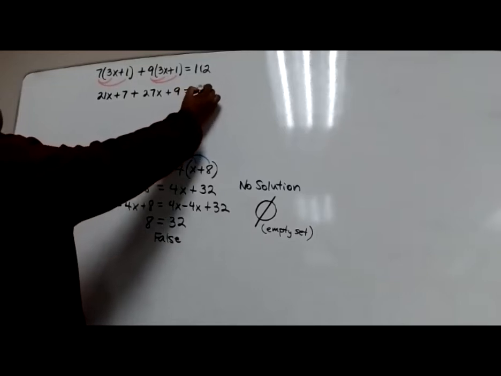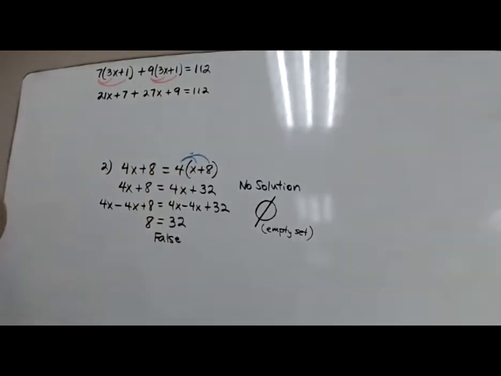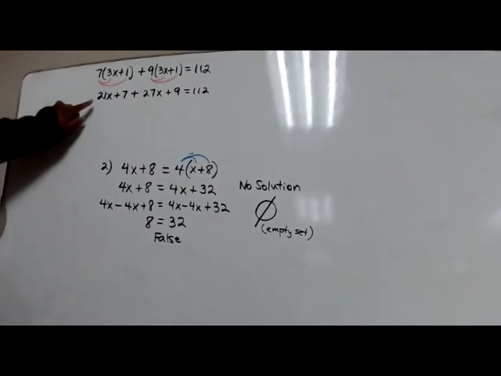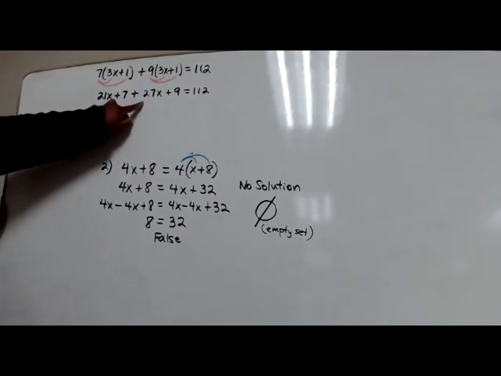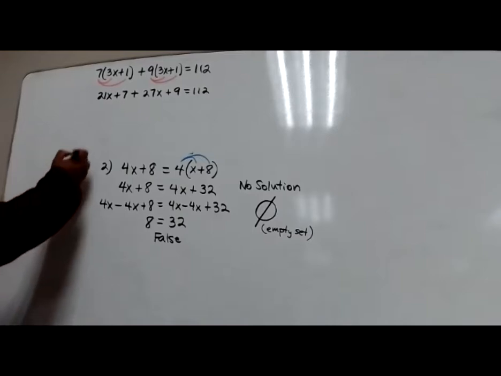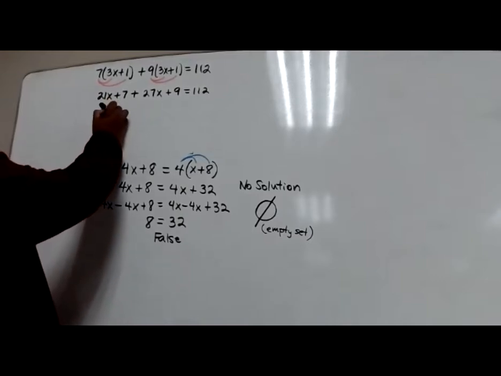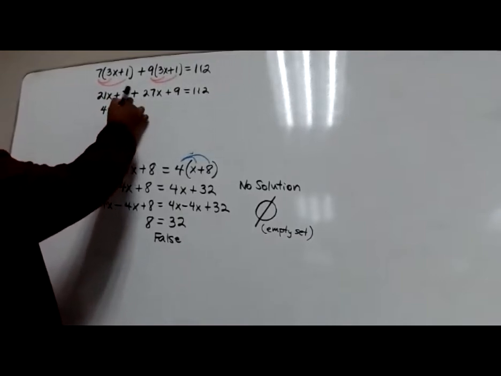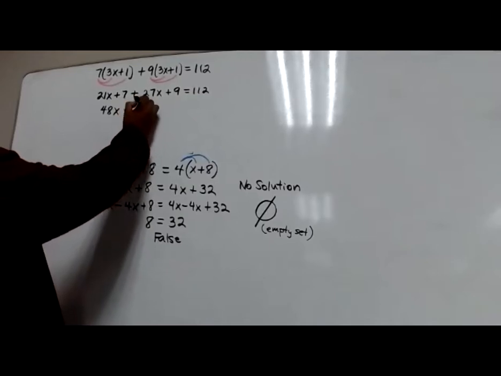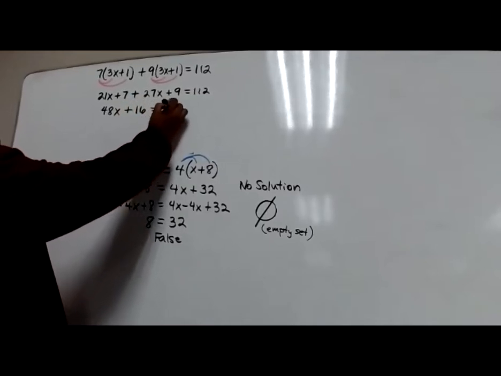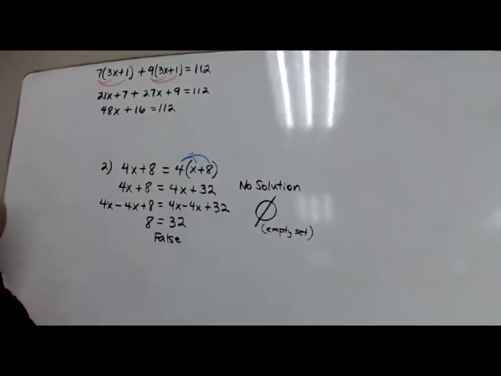And that's equal to 112. Now, if we combine like terms, 21x and 27x give me 48x, plus 7 plus 9, that's 16, equal to 112.